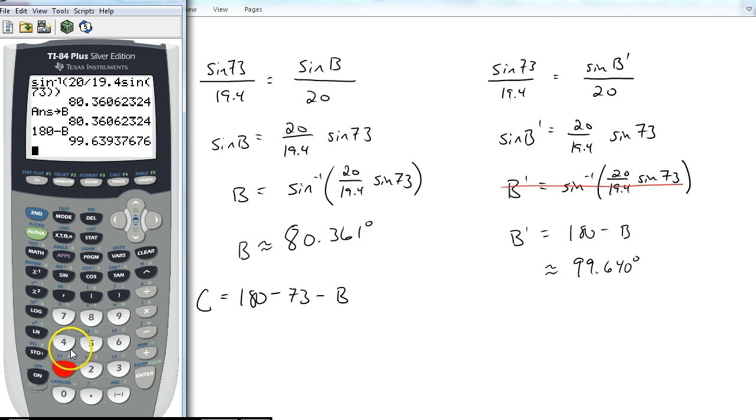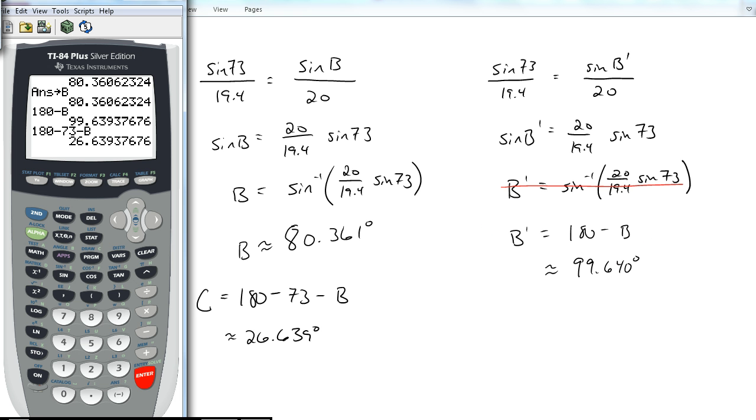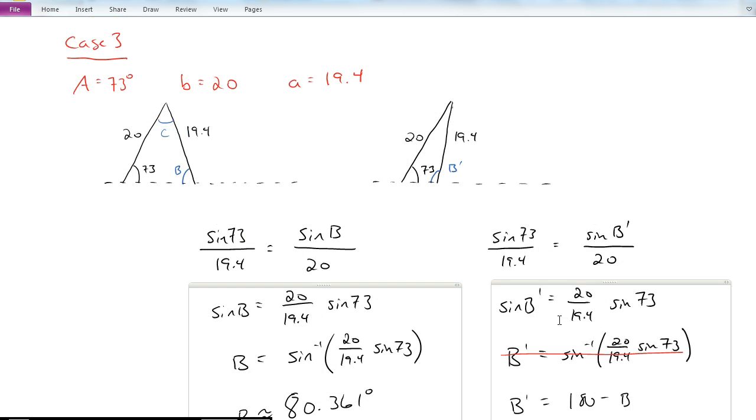I have 180 minus 73 minus alpha B, and I get 26.639 degrees. Just check and make sure that's right. Yeah, okay, that's good.